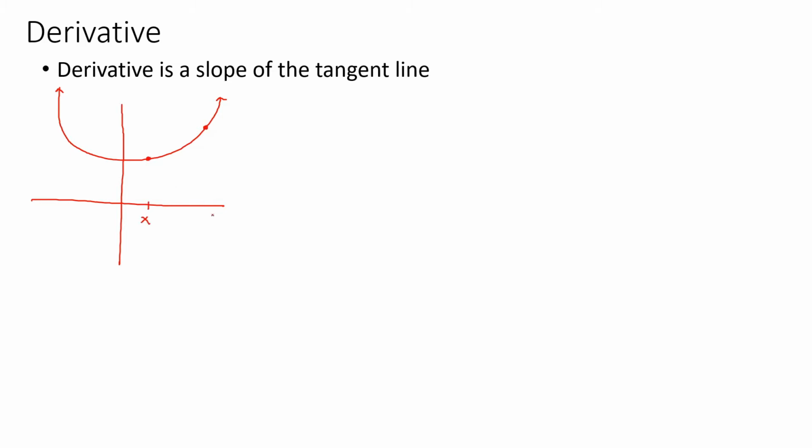The second point we're going to call x plus delta x. So that means the y coordinate for this point will be f of x, because we're going to call this graph f of x. So the y coordinate of this point will be f of x plus delta x.